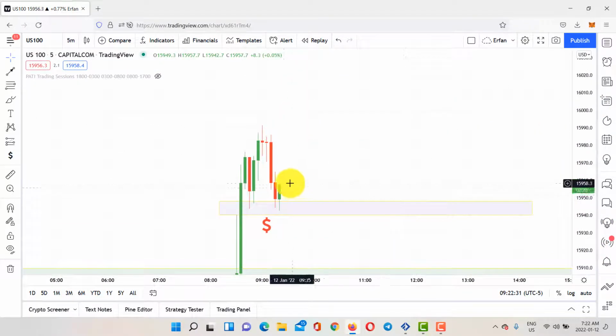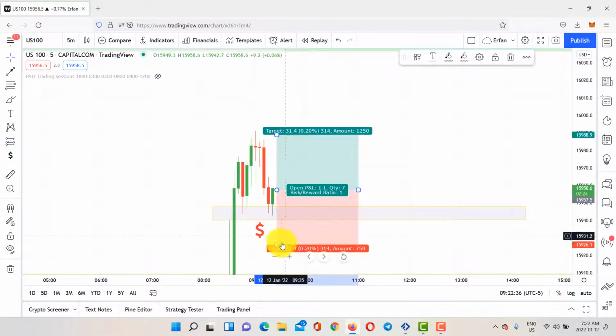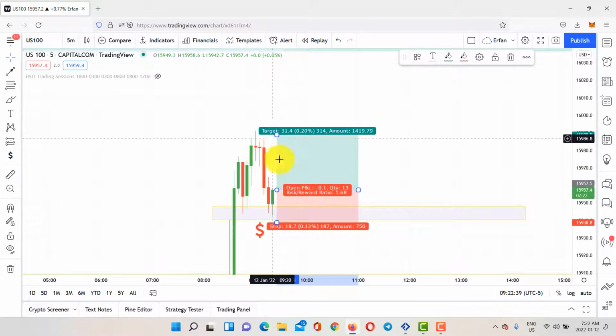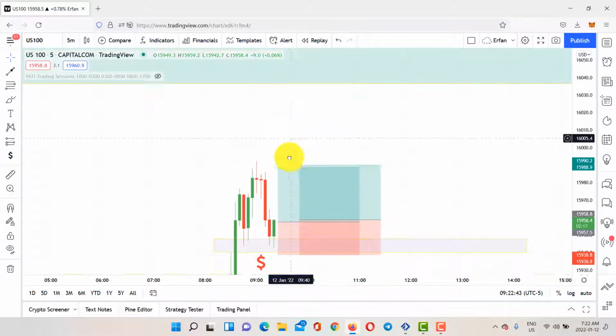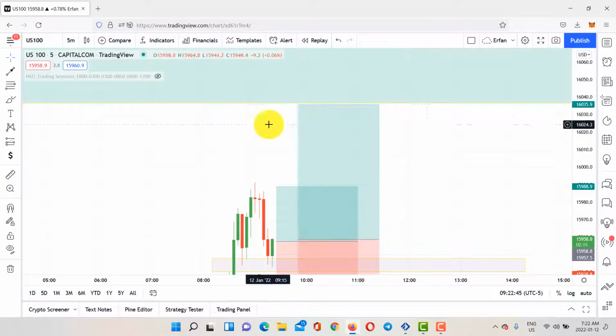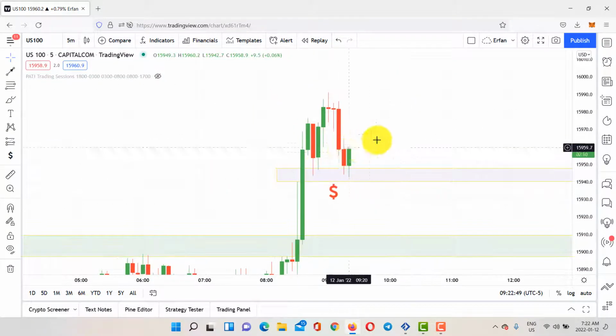If I take my position, I actually take two, one from, for example, here to here, and one from here to right here, to see how the price is going to act. But let's see, you've got to wait for this candle.